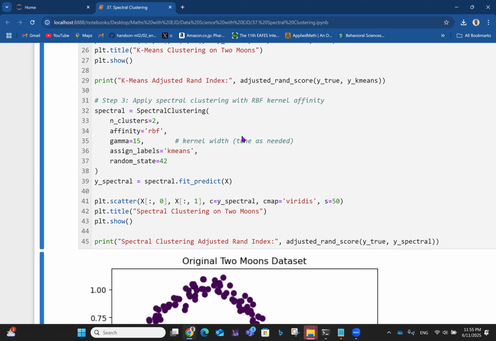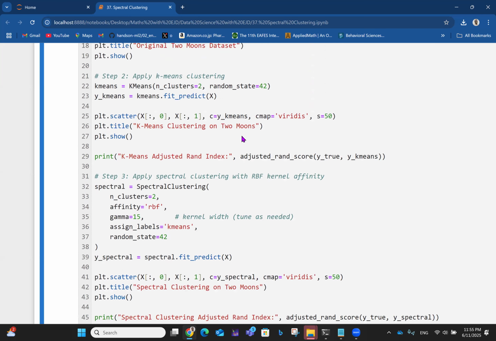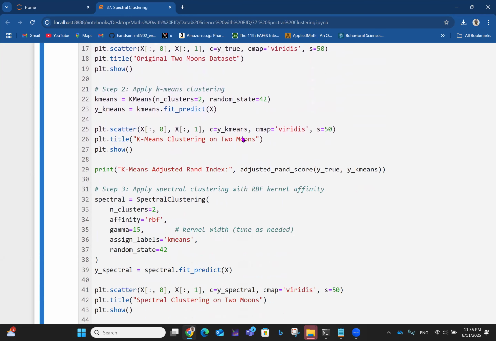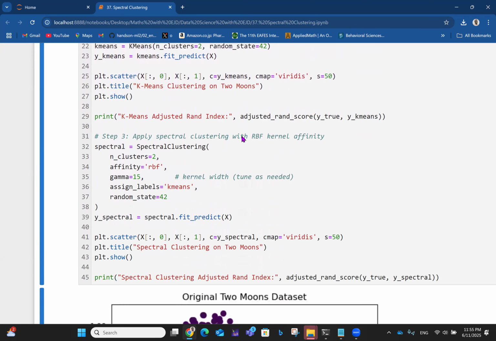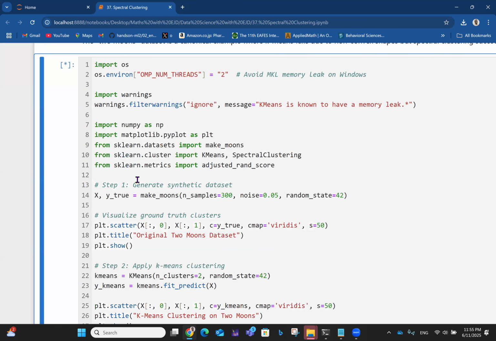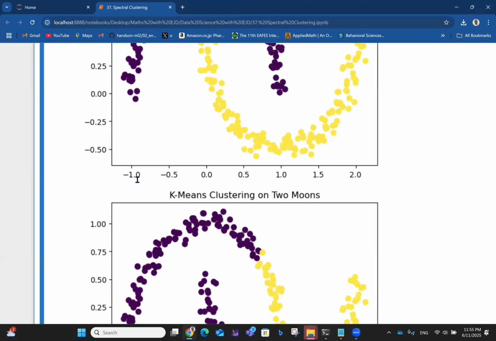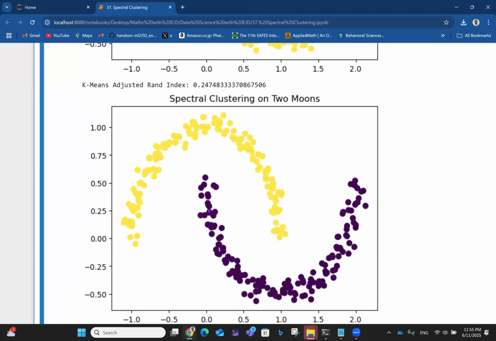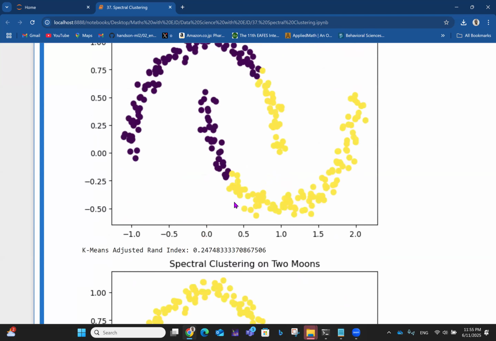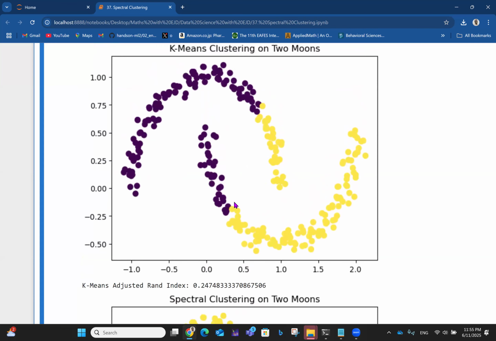So I just want to play with that number 15. Where is that now? The gamma value. Okay, yeah. So I want to make it 50 and see what happens. So this is how we learn. Okay, nothing serious.